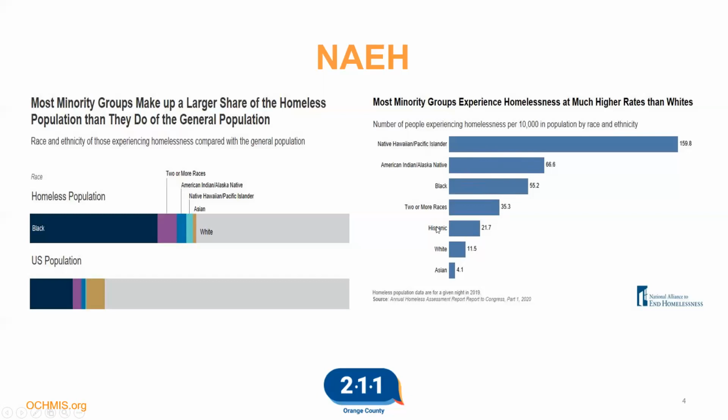And then if the client is not Hispanic, they are categorized under the other races. That was one of the questions I posed at the beginning. Do you prefer this layout with Hispanic clients incorporated into one chart with race? Or do you prefer having a race chart and then the same thing, but for ethnicity? On the right here, you can see the number of people experiencing homelessness per 10,000 in the population.